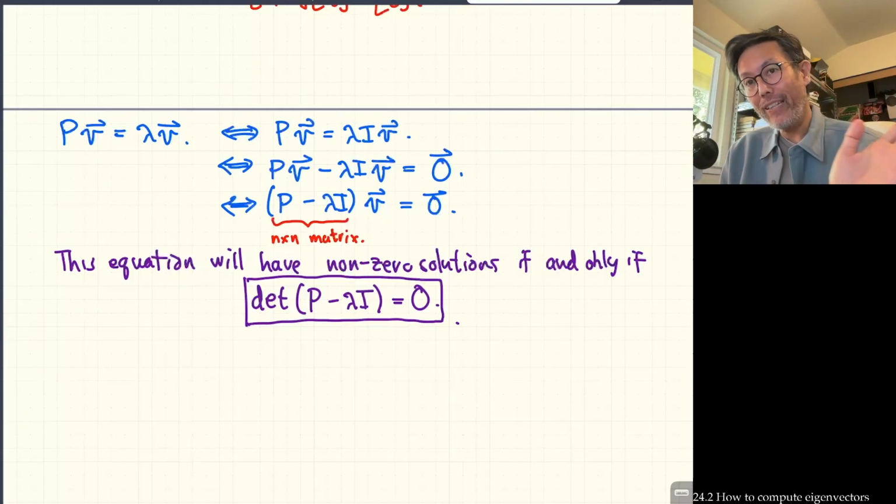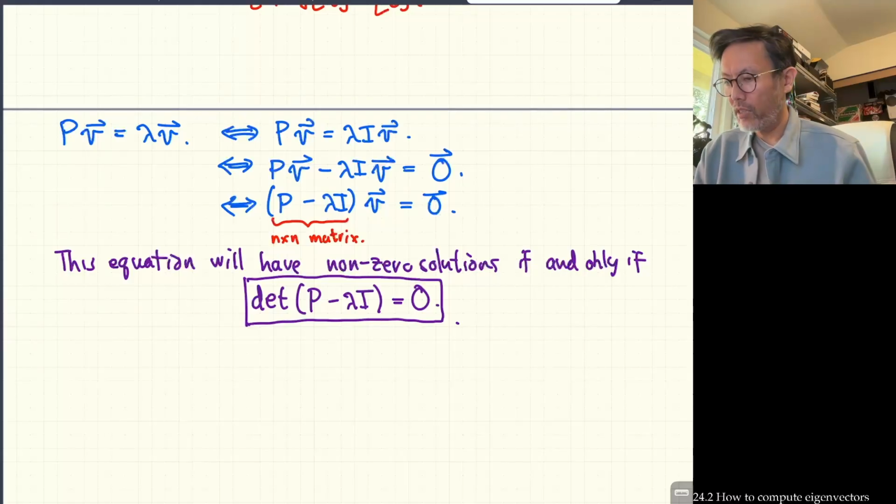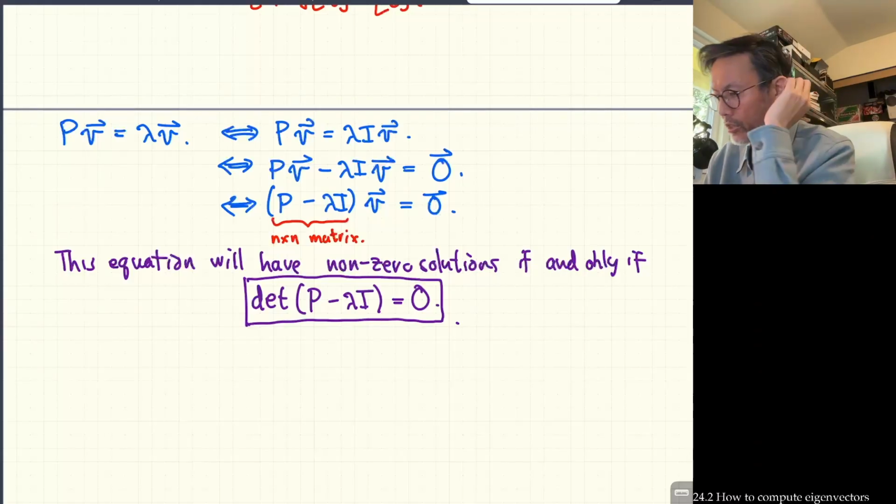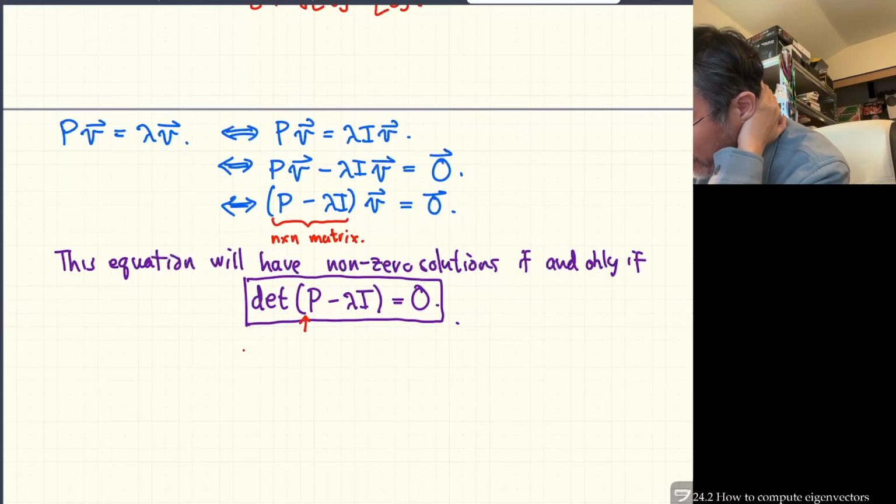The thing on the right-hand side, it turns out, is a degree n polynomial. And it's very important.